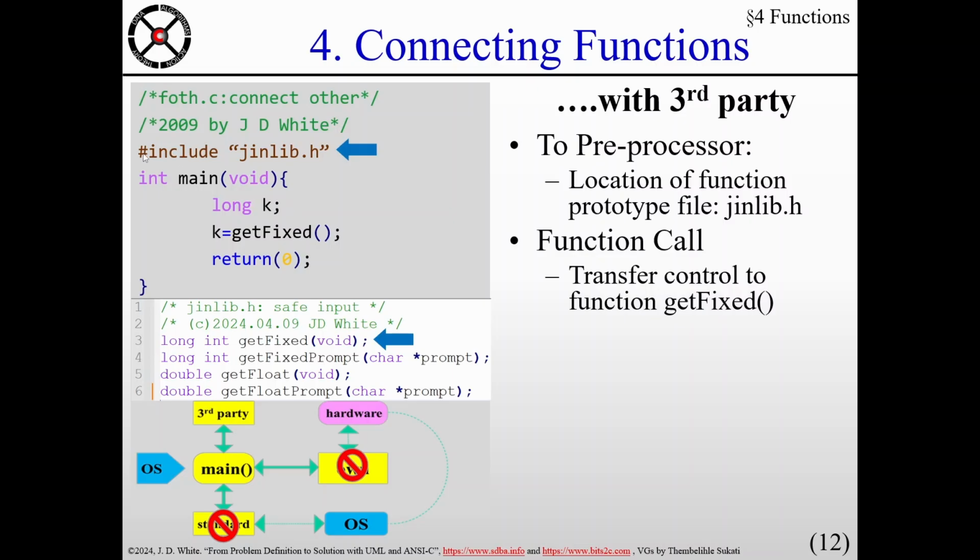The first line, include JInLive.h, is a message to the preprocessor. There is a function prototype in the file JInLive.h. So go to the file JInLive.h, you will find function prototypes. And you can see here I've got 4 function prototypes. So now I've got prototypes for getFixed, getFixedPrompt, getFloat, getFloatPrompt.